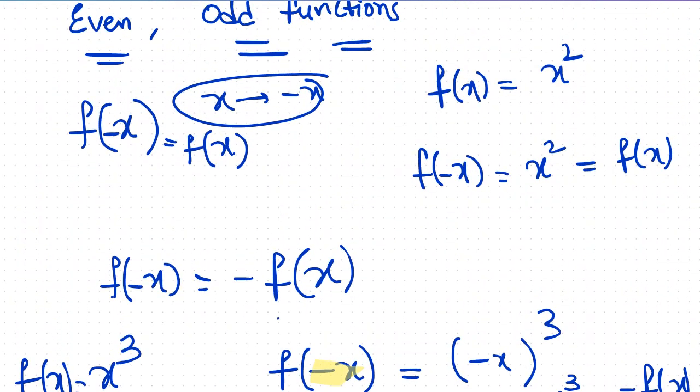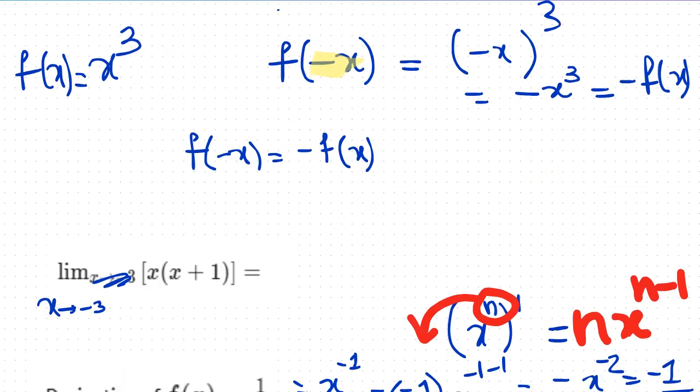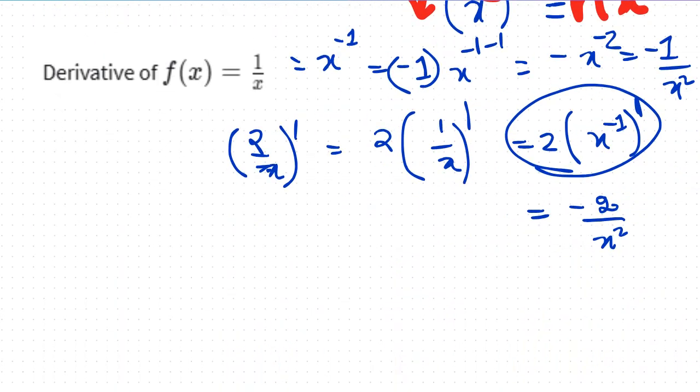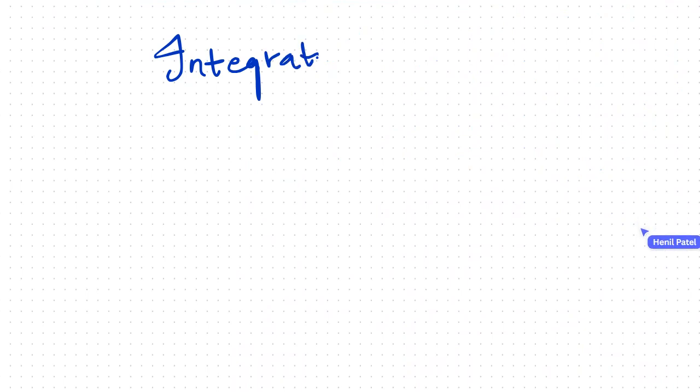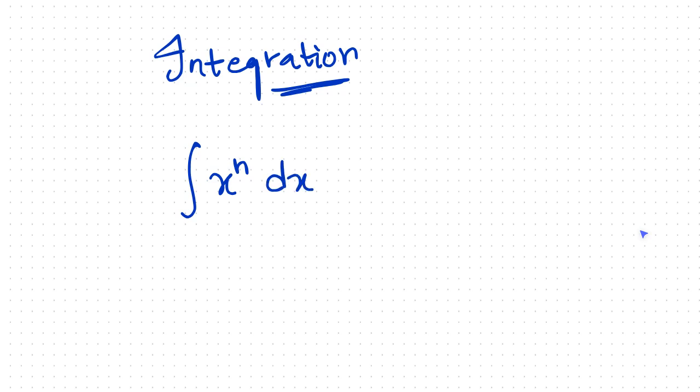This is like 80 to 100, 80% of the syllabus we covered. So we'll move on to week 6. Week 6 is integration. Integration and differentiation are kind of similar but not exactly the same. Let's say I integrate x to the power n with respect to dx.